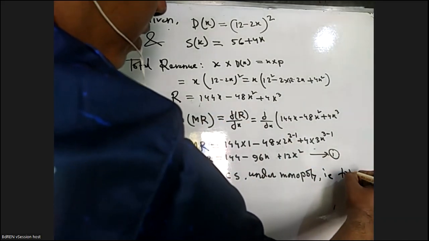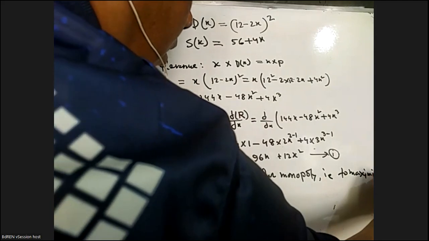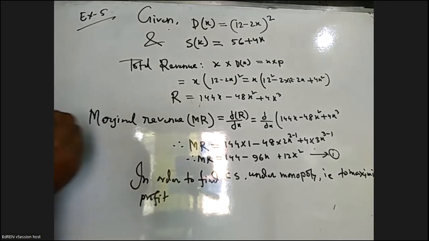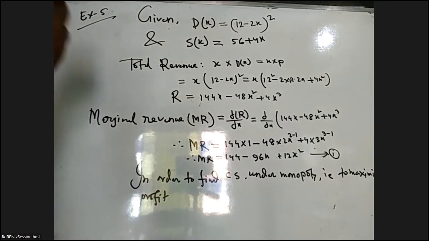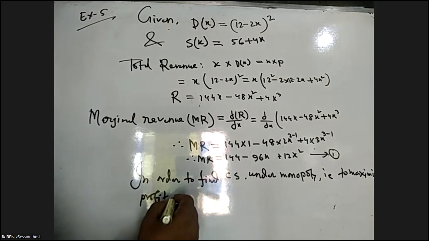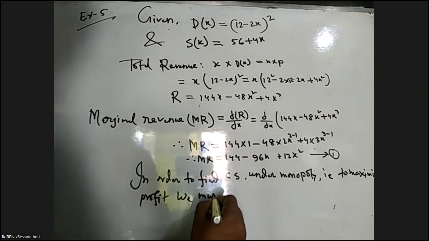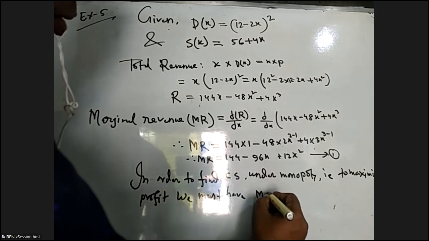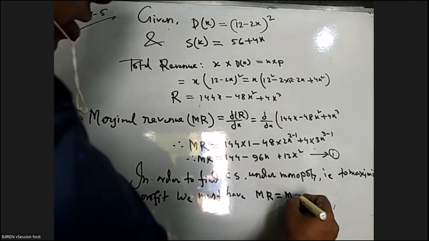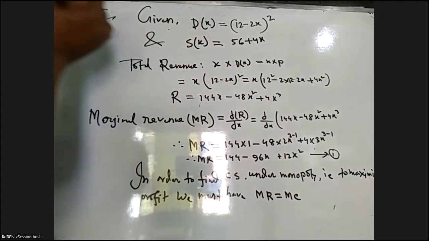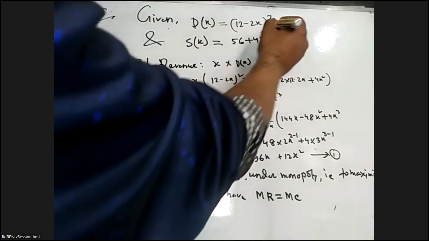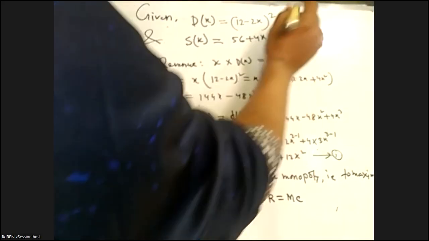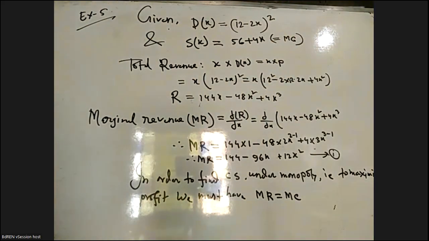To maximize profit, we must have marginal revenue equals marginal cost. Marginal cost is identified by the supply function. That means this equals marginal cost. Remember it, according to the given condition.